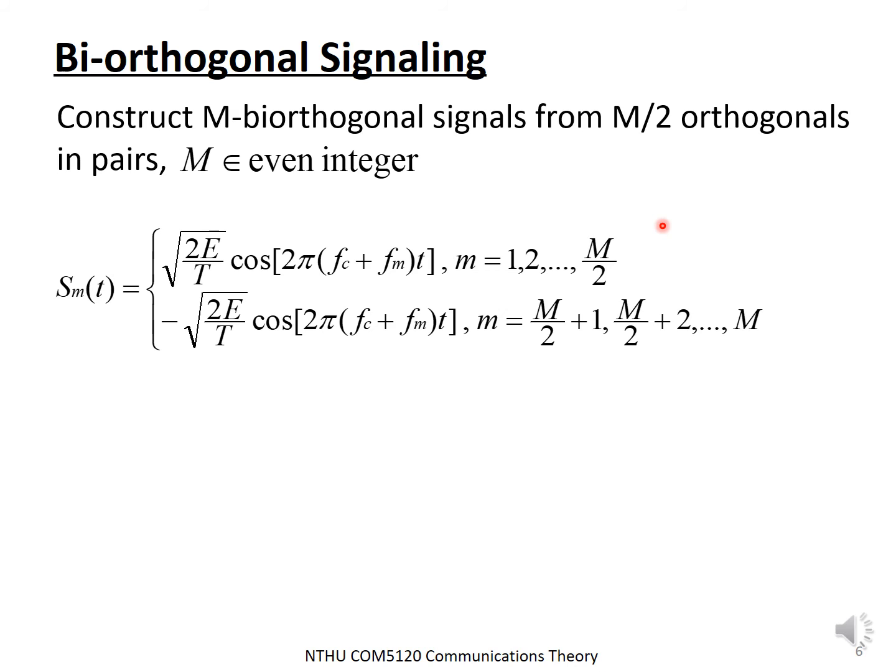Let's see what happens here. Again, we have S_m(t): M signals for transmission, and each signal represents k bits. We are asked to transmit M different signals.